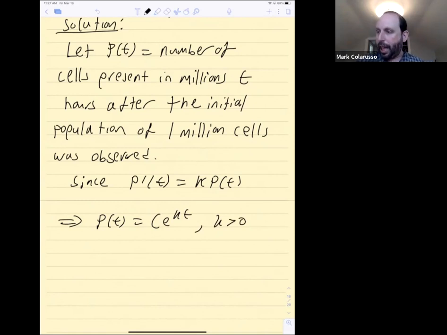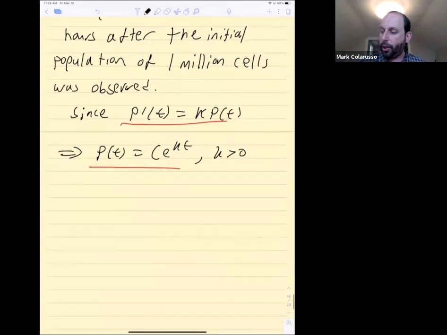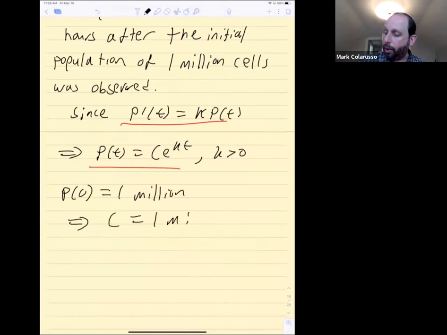So P of t has to satisfy this differential equation, which means from our earlier discussion that it's an exponential growth function. Now, P of 0, we're told, when we start looking at the cells is 1 million. So the initial amount present is 1 million, and we can put that into our function, which makes it easier.